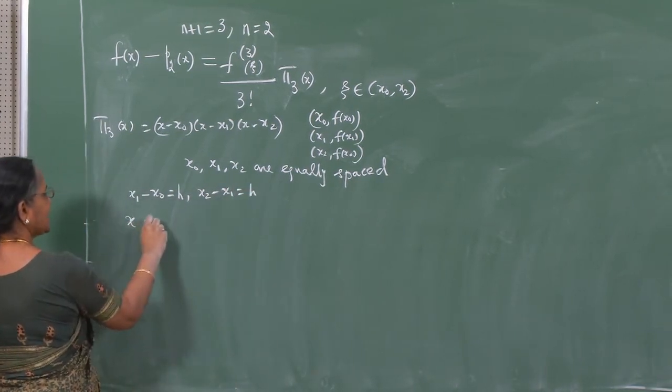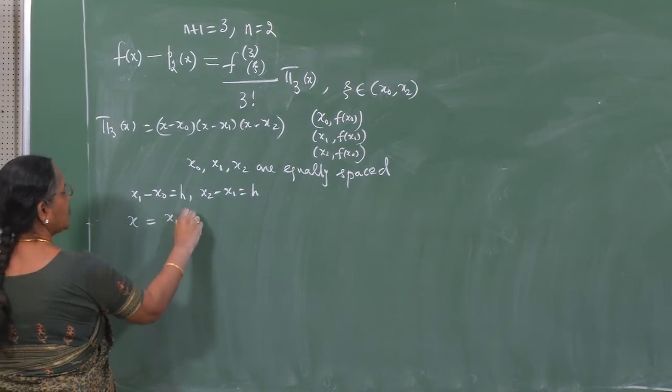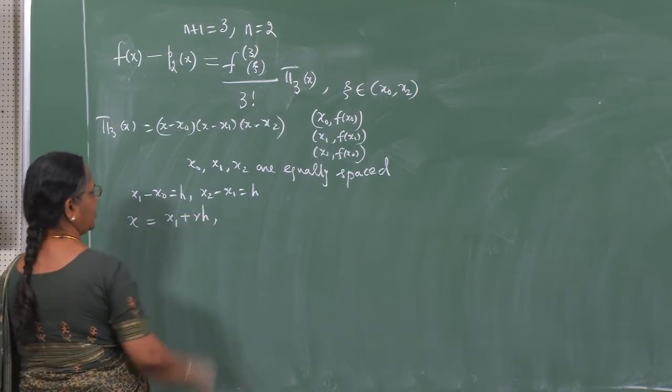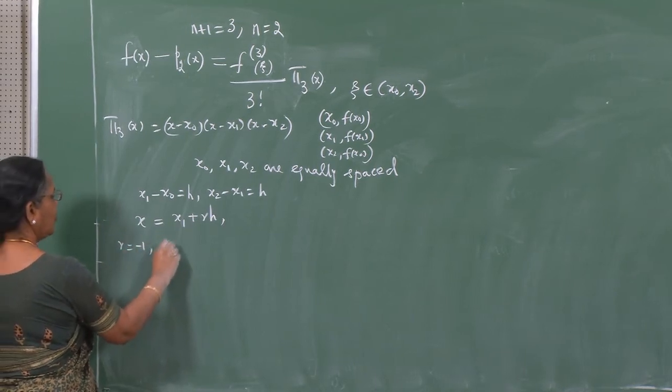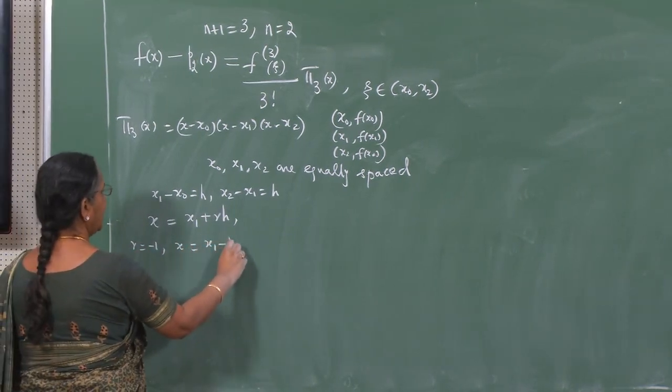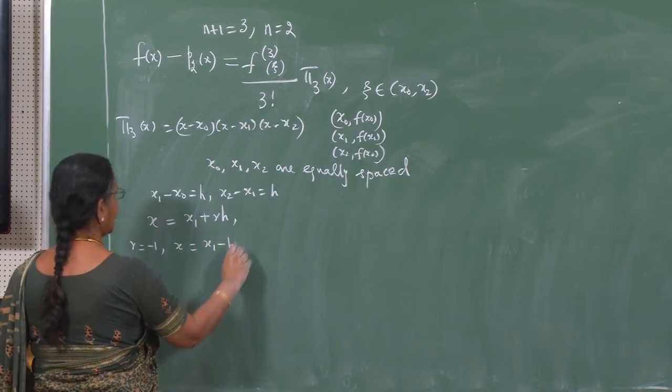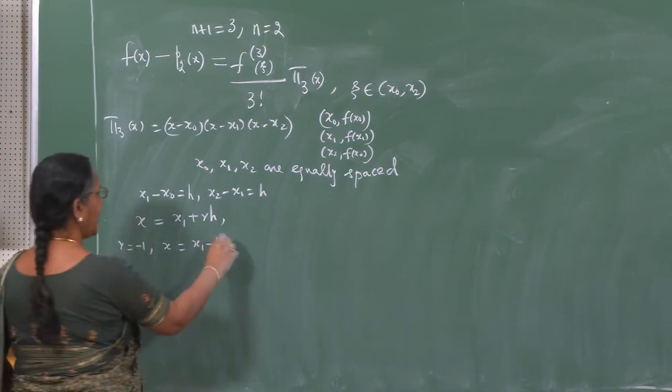So, any x I take to be x1 plus rh. When r is minus 1, what do I get? x is x1 minus h, and what is that? That is x naught. So, I am at x naught.